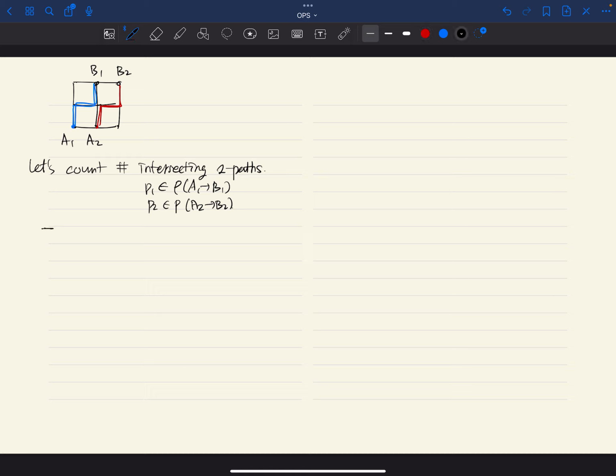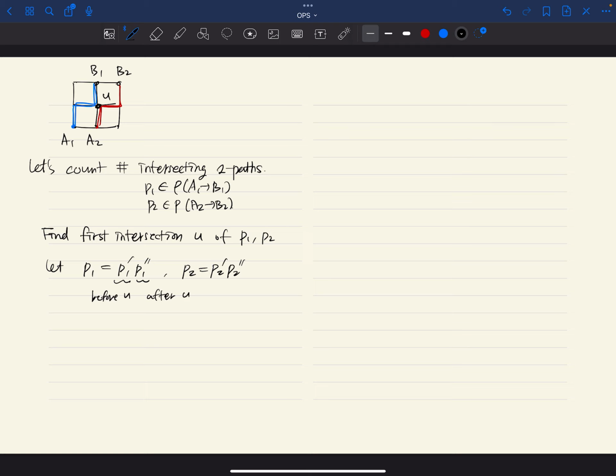So in this case, we find the first intersection, say U, of P1 and P2. So here U is here. There's actually only one intersection in this case. And the idea is we change the tails of the paths after U. So let me divide P1 into two parts, P1 prime, P1 double prime, where this is before U, and this is after U in the path.